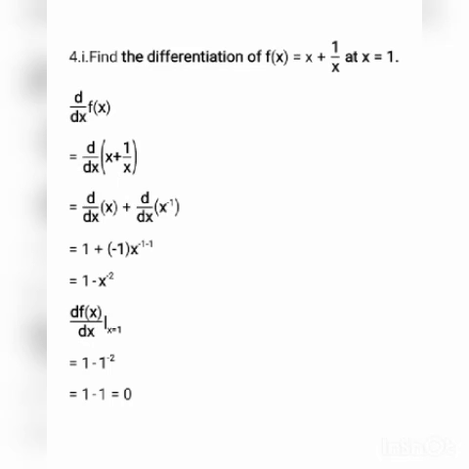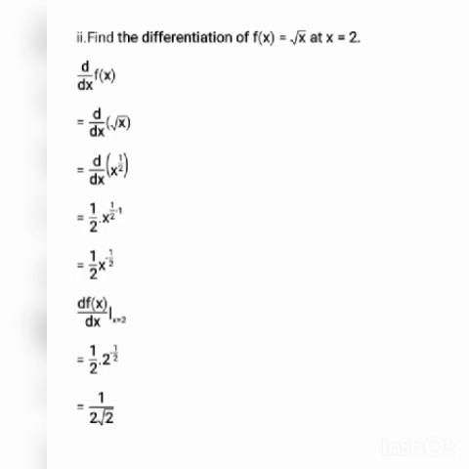To find the differentiation of f(x) at x equal to 1, we will first differentiate f(x). The differentiation of f(x) equal to x plus 1 by x is simply 1 minus x to the power minus 2. Now, df(x)/dx at x equal to 1 is 1 minus 1 to the power minus 2, which is 0.